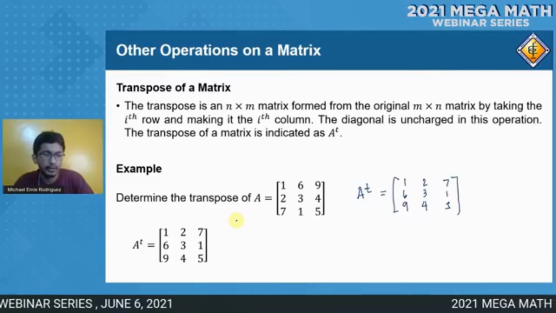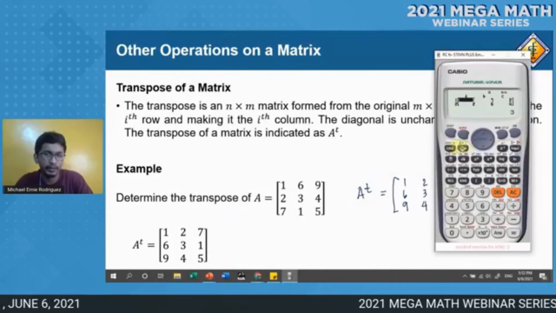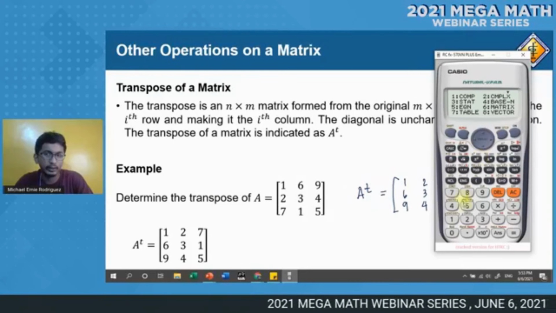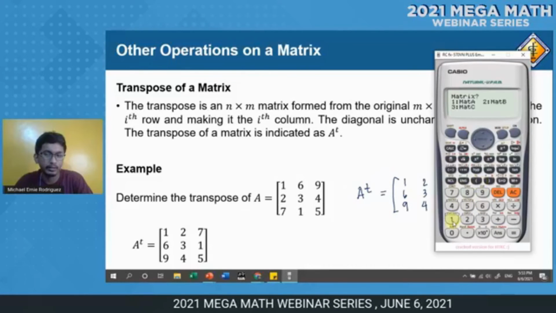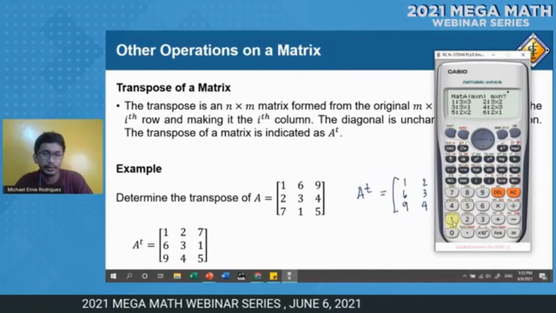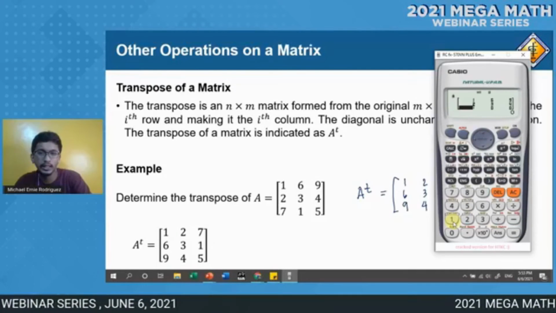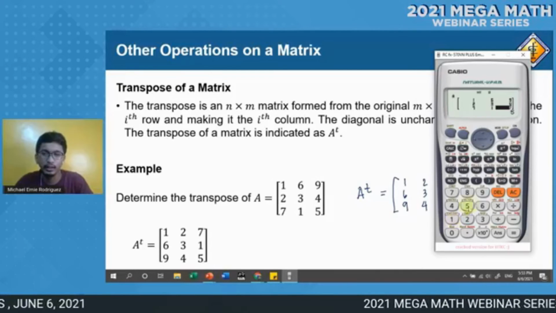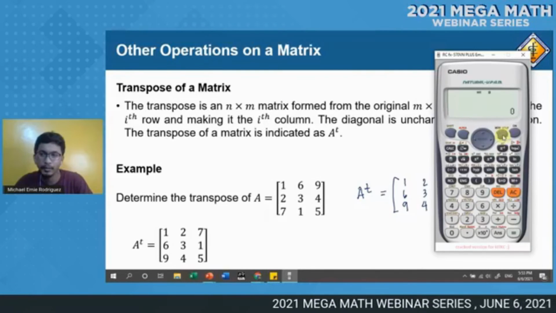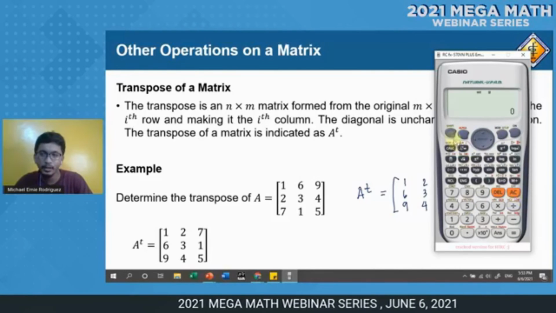Okay? And then, for the calculator, mayroon naman yan sa calculator, input na naman tayo. Meron yan ditong transpose. So, yung transpose natin for that is mode 6, di ba? Matrix. Okay?